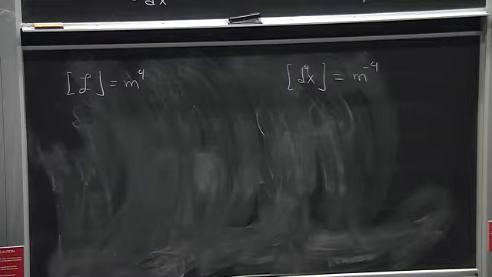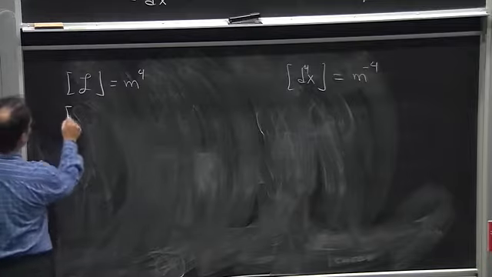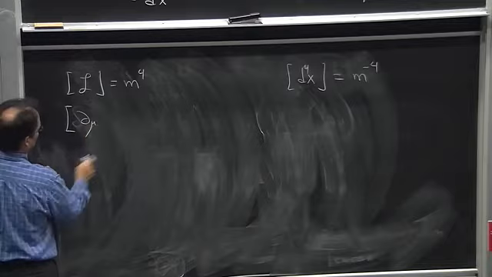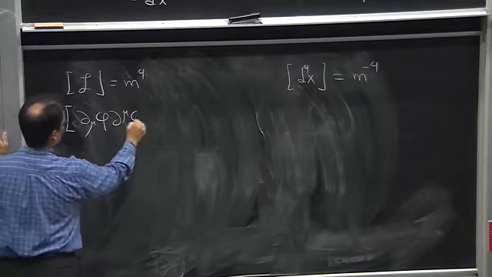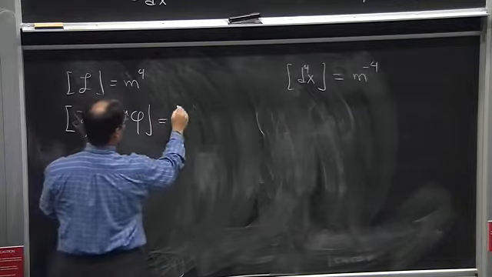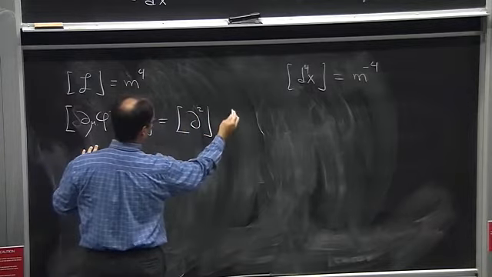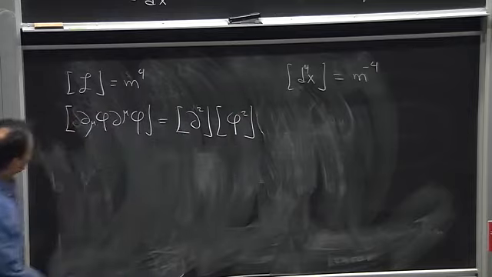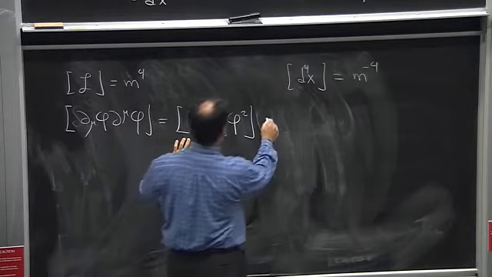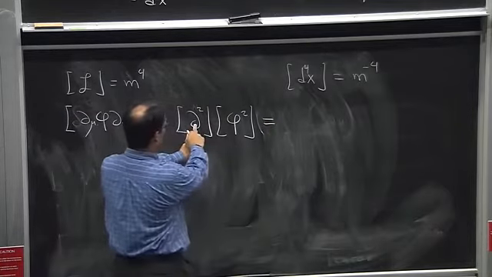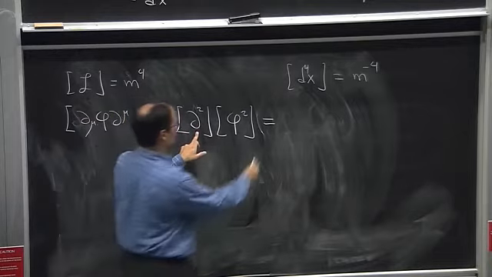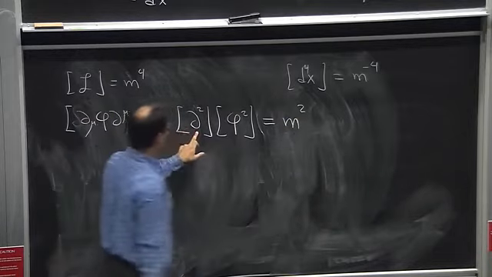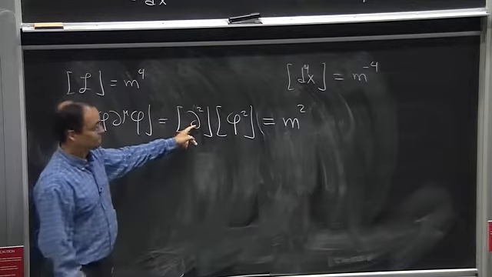And if we look at the action, we can find out what the dimension of our scalar field is. So the dimension of this thing is the same as the dimension of this thing times the dimension of this thing. And therefore, we get, this one has dimensions of 1 over length, so this one has dimensions of mass squared, right?